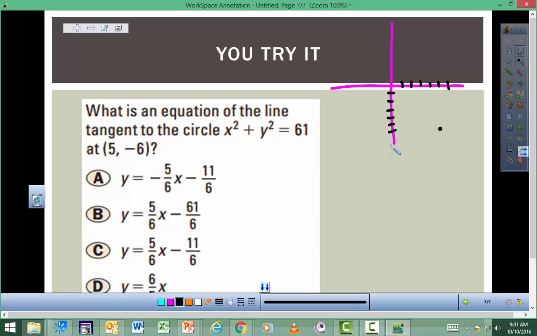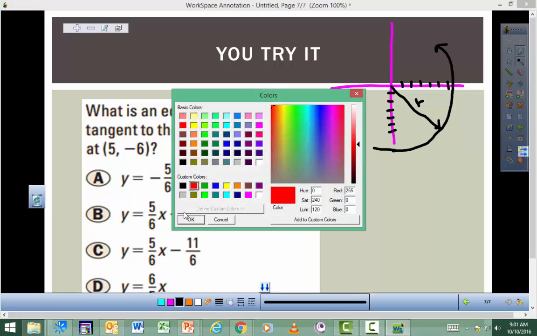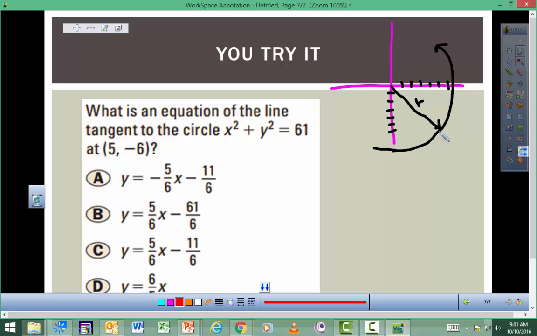And there's the radius right there. This would be our radius, right? And there's this circle that passes through that point. I'm not going to draw the entire circle, but really what we're interested in is this tangent line. There's a tangent line that passes through right there, like so.